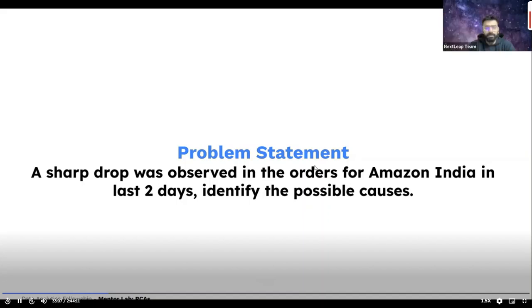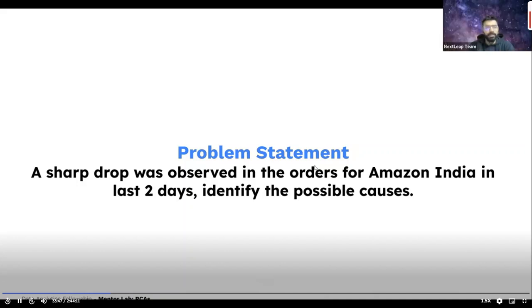First could be external factors. That could be some new competition has come up, or there are some sales or campaigns that competition is running. For example, Flipkart would be running a Big Billion Day sale. Then next would be if any new features went live. If there are some technical features that were launched 2 to 3 days back, because of which we are observing some glitches or bugs and our orders are dropping.